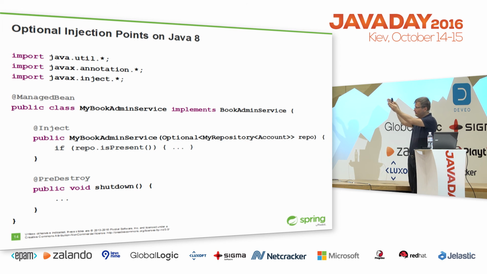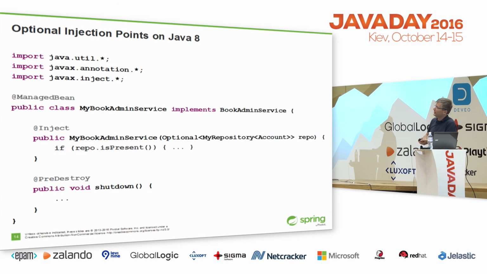I'm going to find the bean for you. If I found it, you're going to get a java.util.Optional handle with that reference inside, injected into the constructor. If I could not find it, I'm going to pass Optional.empty in. And your constructor can then use the java.util.Optional API, the methods on Optional, to react to the presence or non-presence of that bean, maybe using a default bean, a default instance instead.